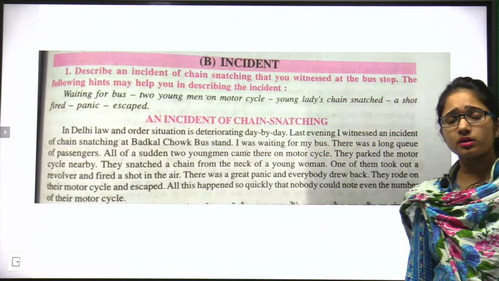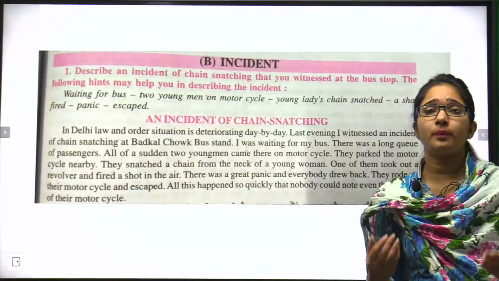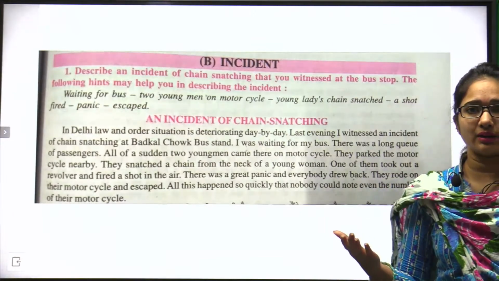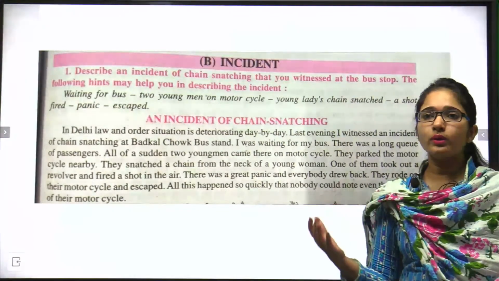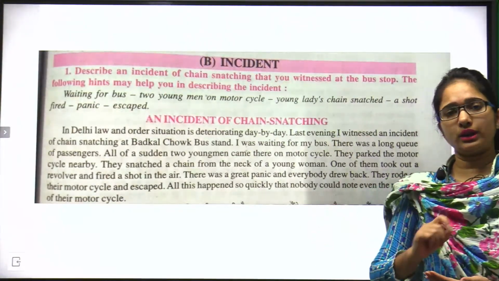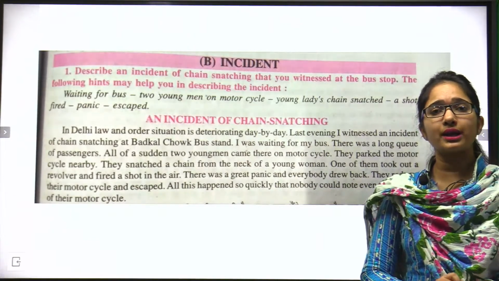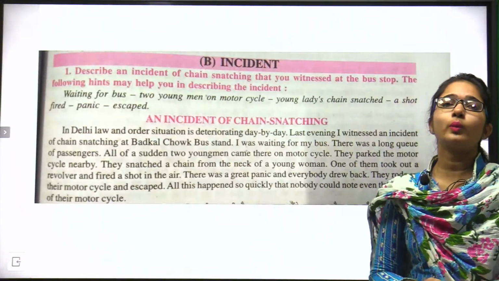Now, when you are very afraid, when you are panic stricken, you have a nervous breakdown, you don't know what to do. So no one was able to note down the number of the motorcycle. If you can note down the number, we can complain against those people, but no one did this.